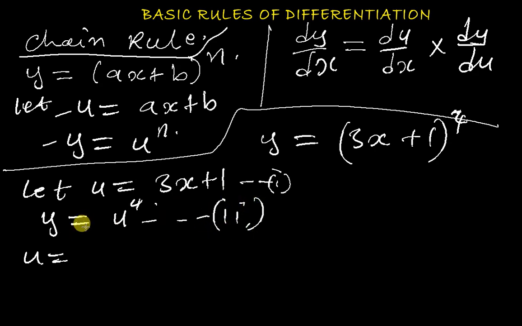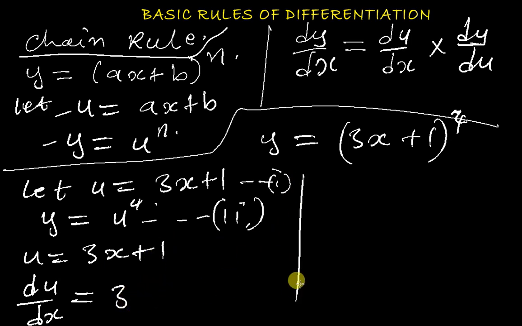So we first get the first equation, which is 3x plus 1, then we differentiate it to find du/dx. So du/dx will just give us 3. The derivative of 3x is simply 3. The derivative of a constant 1 is simply 0. So we can just write 3.